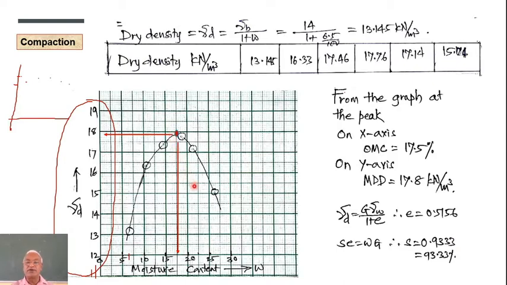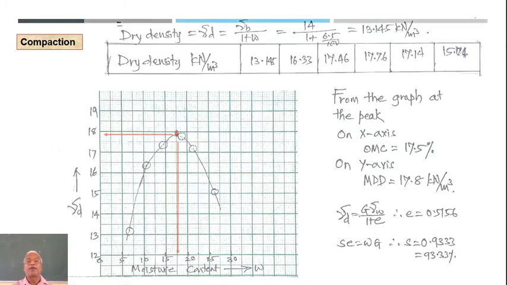It is not fully saturated, right? If it were saturated with this value of water content itself, those calculations would be slightly different. Those calculations will be seen in the next problem. So this is over now.